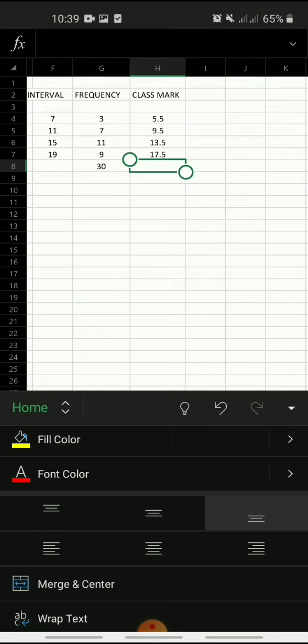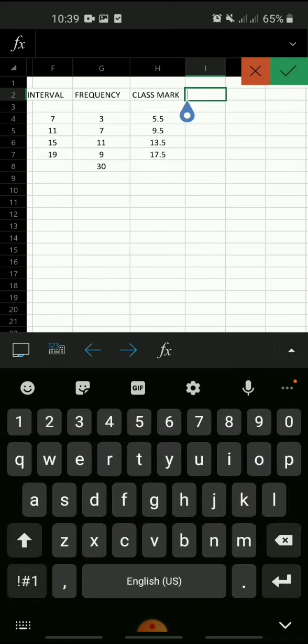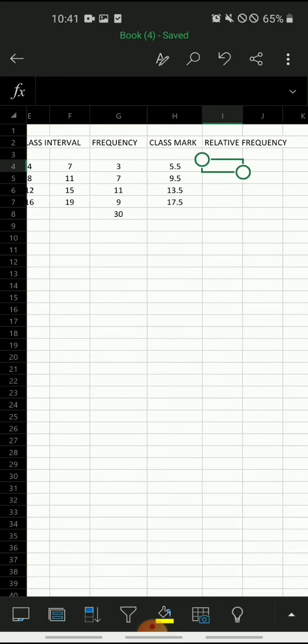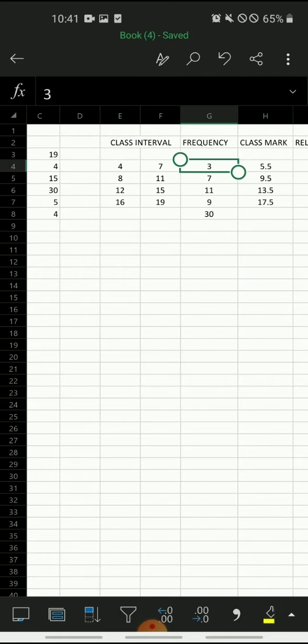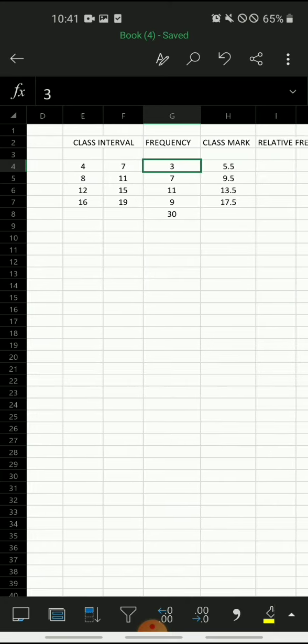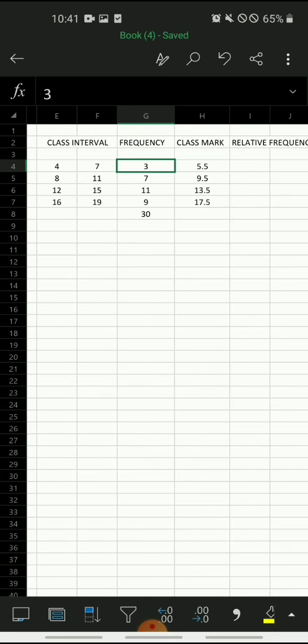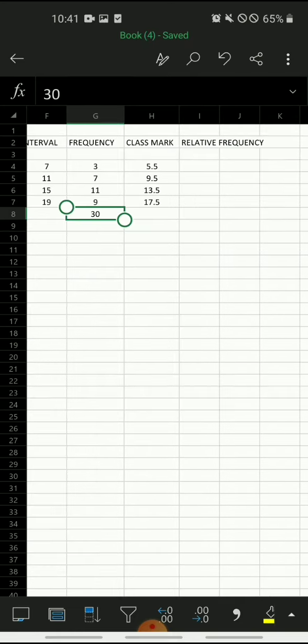So, next is the relative frequency. To get the relative frequency, all we need to do is divide the first result of our frequency, which is 3, by the total number of frequency, 30. Then close parentheses, then times 100.